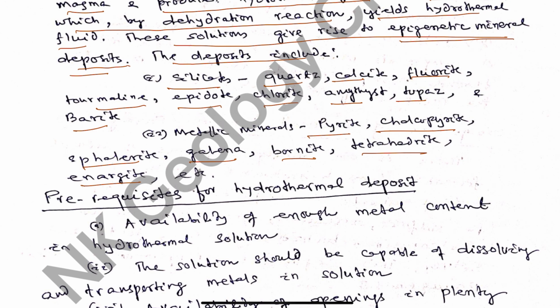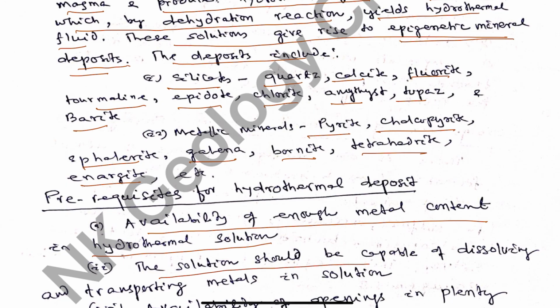And the conditions necessary for the formation of hydrothermal deposits are the following. There must be enough metal content in the hydrothermal fluid or solution. These solutions should be capable of dissolving and transporting metals in solution.